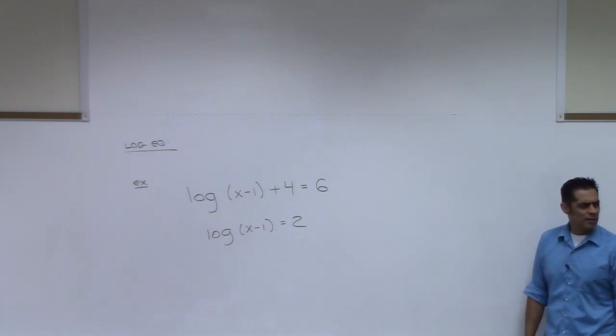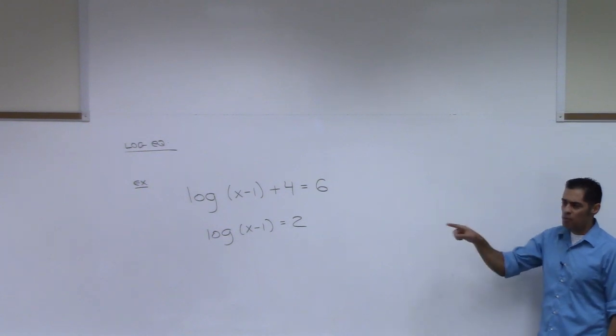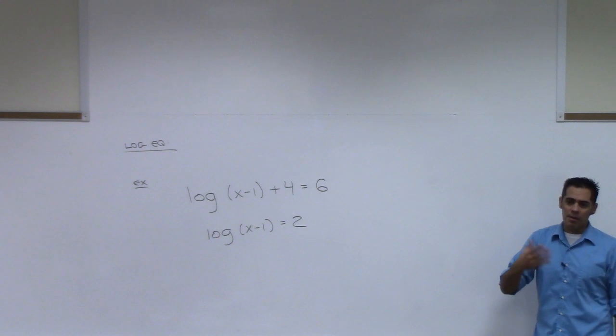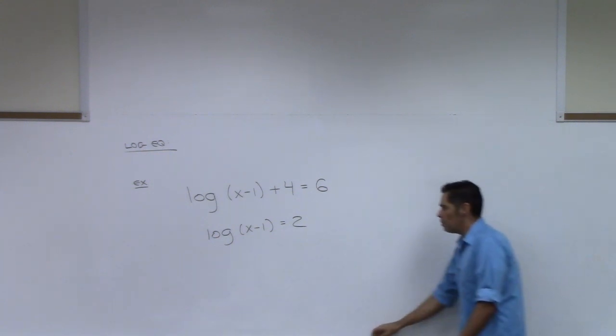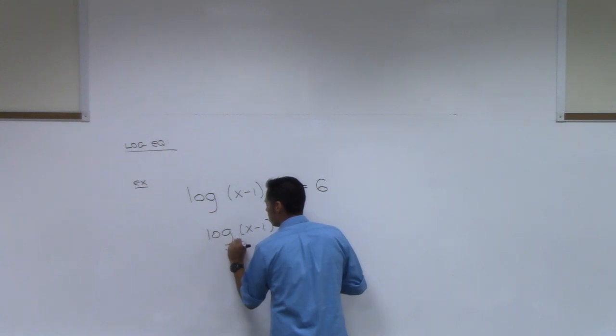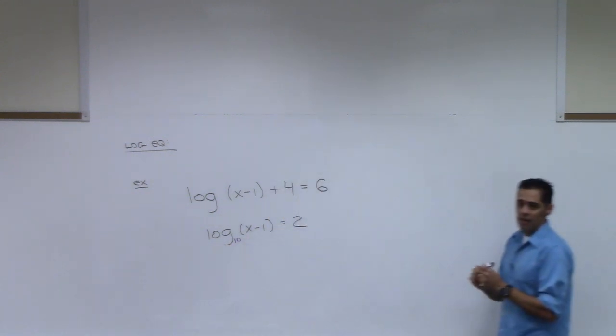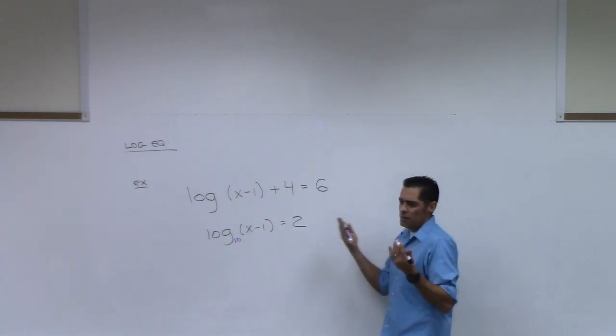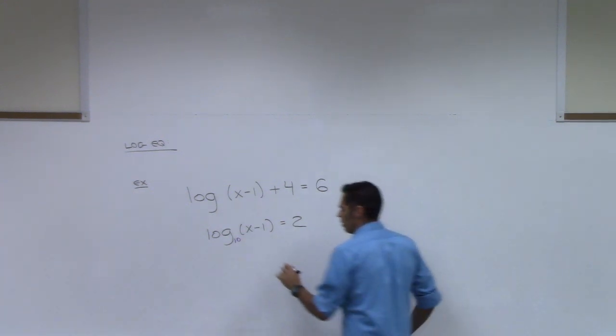So what's the base, Frank? When log is written without any numbers down there, the base is 10. Remember, that's one of the special ones. We have to remember that because the base was not explicitly written for us, it is 10. And now we do the loop. See how that can be tricky? Because if you don't remember that, what are you going to use for the loop?